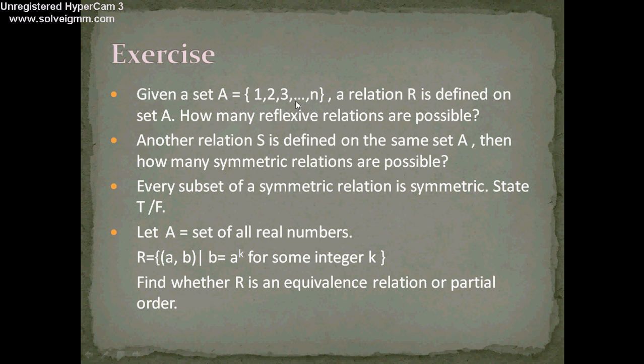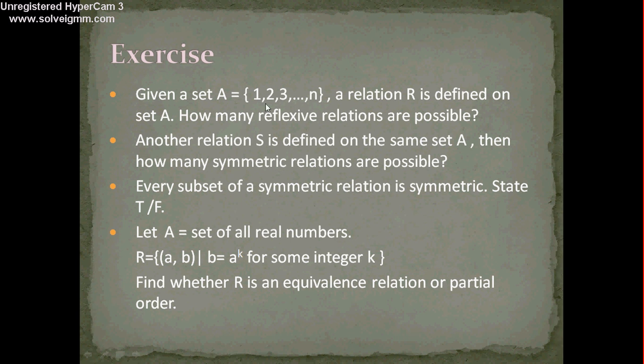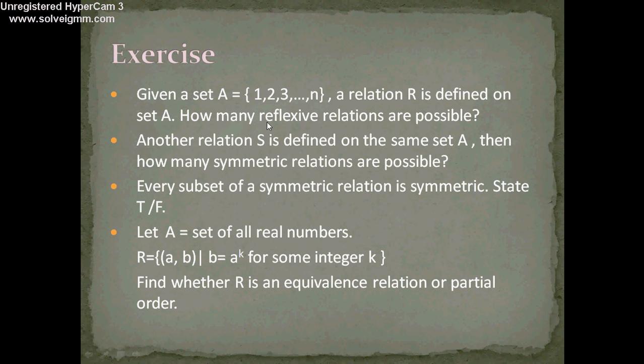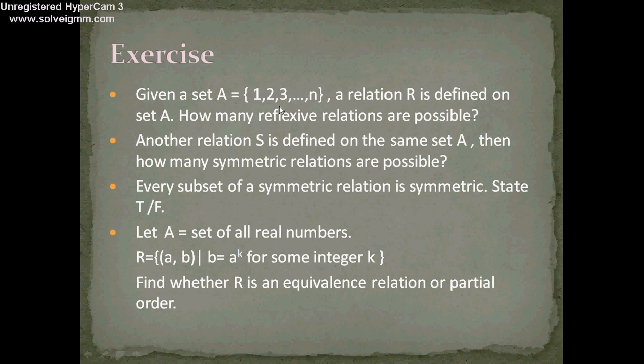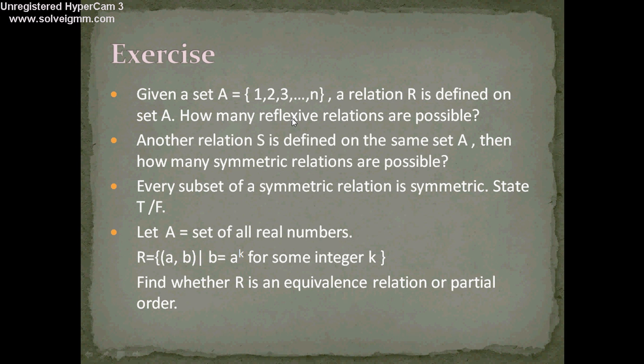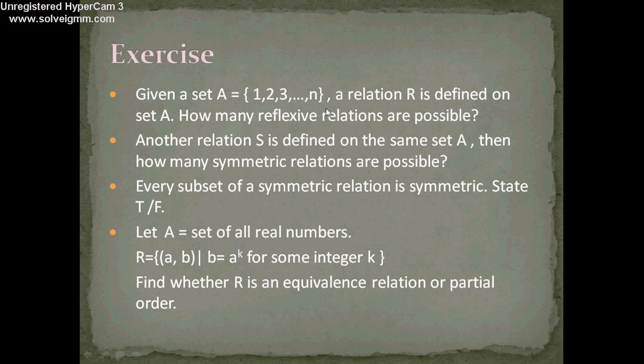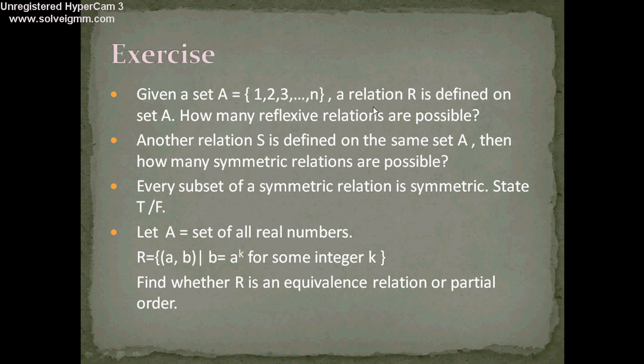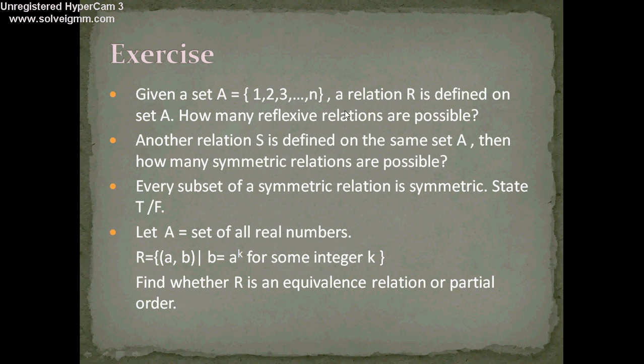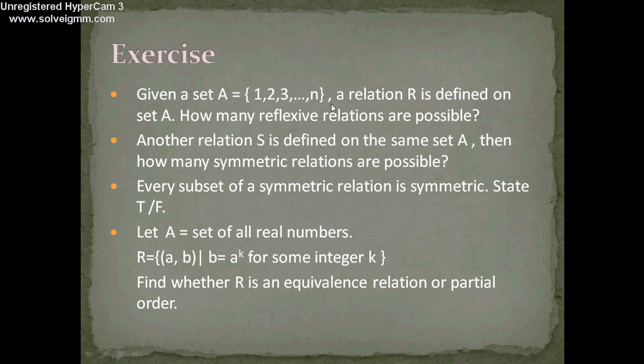Therefore, these n tuples have only one choice, that is to be present in the relation, and the rest n squared minus n elements can either be present or absent. So they have two choices each. So we get that the number of reflexive relations possible is 2 to the power n squared minus n.